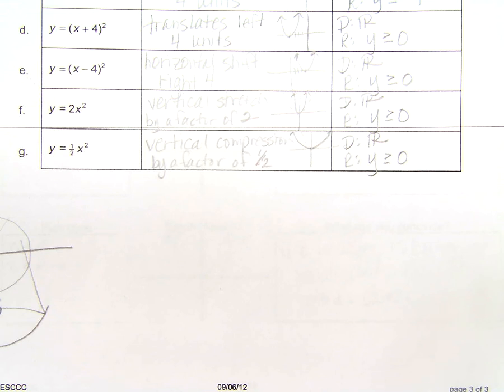So, yes or no. Oh, I do want complete sentences, though. I do want at least one complete sentence as your answer. Fair enough? Okay? I mean, capitalization, punctuation, all that kind of stuff. All right? Any other questions?